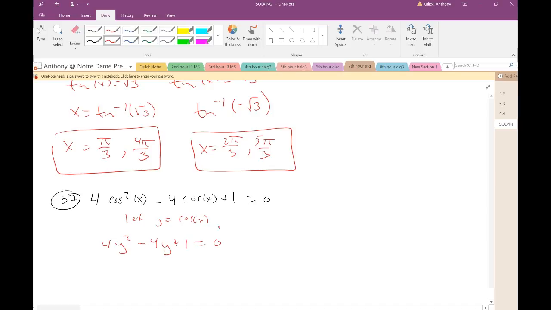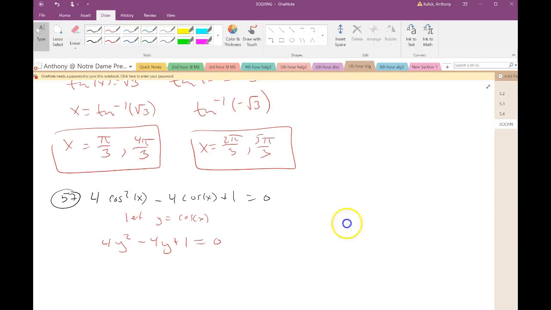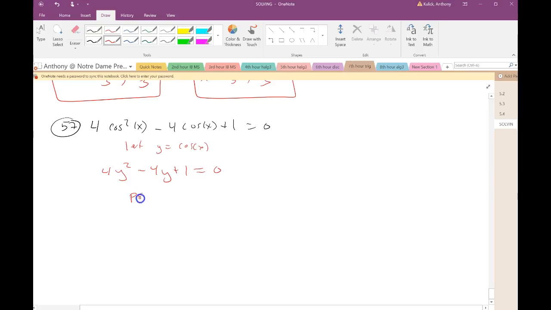So I have 4y squared minus 4y plus 1. That looks awfully quadratic to me. We know how to factor one of these things. We want to find two numbers that multiply to give me the a coefficient times the c coefficient, and add to give me the b coefficient. Hopefully you'll notice that those two numbers are -2 and -2.